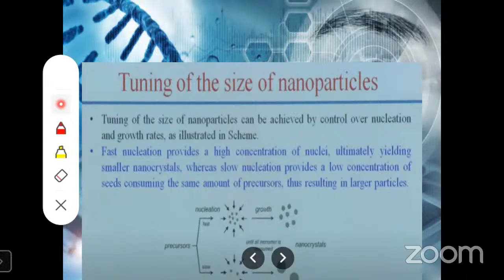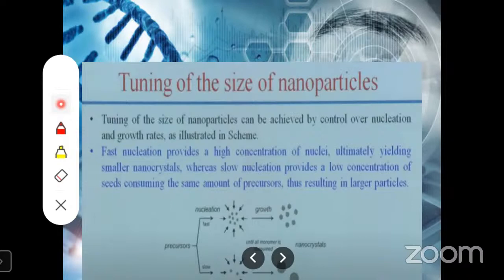One more example I can give here is consider that we have 5 persons and we have 50 rupees. Each will get 10 rupees as a division. But when we have 2 persons, each will get 25 rupees as a share. Similarly, this applies to nanochemistry as well.